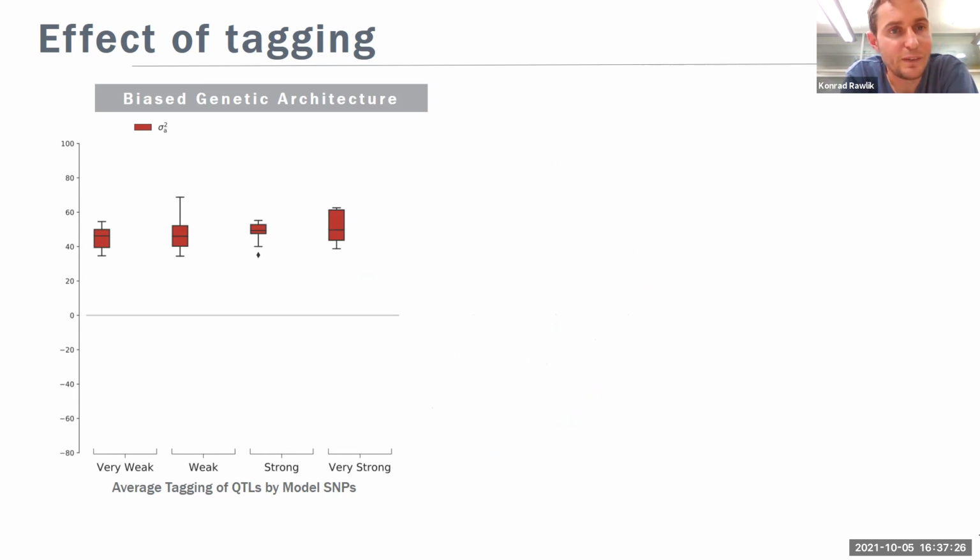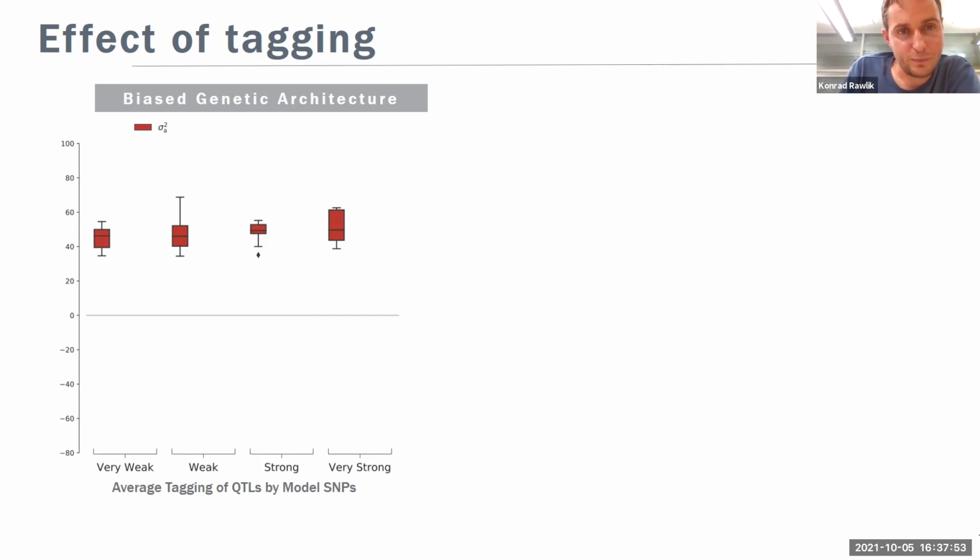So I simulated traits based on QTLs sampled from different tagging bins. You either took QTLs which were very weakly tagged by the surrounding SNPs, or very strongly tagged, meaning in very high LD with the surrounding SNPs.